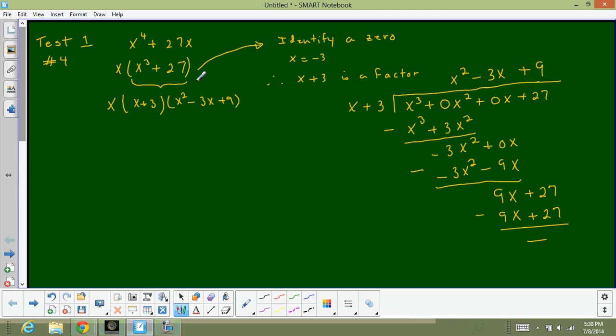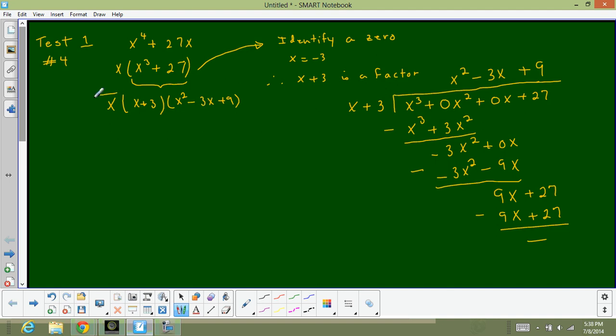And then from there, of course, the x is algebraically prime. The x plus 3 is an algebraically prime expression over the integers. And x squared minus 3x plus 9, try to factor that. It won't factor. There are no numbers where you can multiply and get 9 and add and get negative 3.